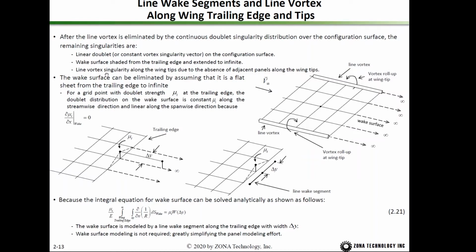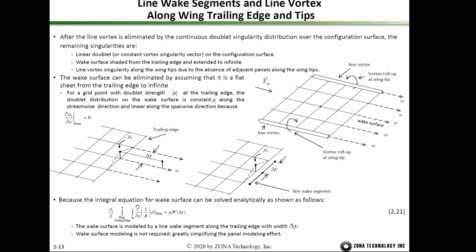And we have a line vortex singularity along the wingtip due to the absence of an adjacent panel along the wingtip. The wake surface can be simplified by assuming it is a flat sheet of surface from the trailing edge to infinity. For a grid point with a doublet strength mu at the trailing edge of the wing, the doublet distribution on the wake is constant, also mu, along the streamwise direction, and is linear along the spanwise direction.